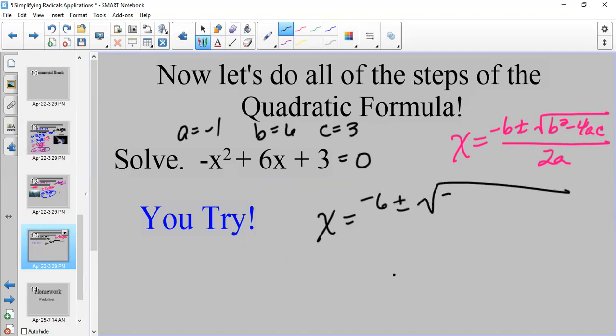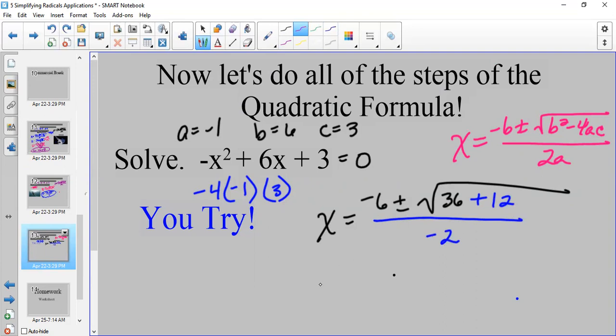Our b squared is 36. Now to the side, I'm going to do -4 times -1 times 3. This time, I'd get a positive 12, so I'm going to put a plus 12 there, all over -2. We're going to clean that up, so -6 plus or minus the square root of 48, all over -2.